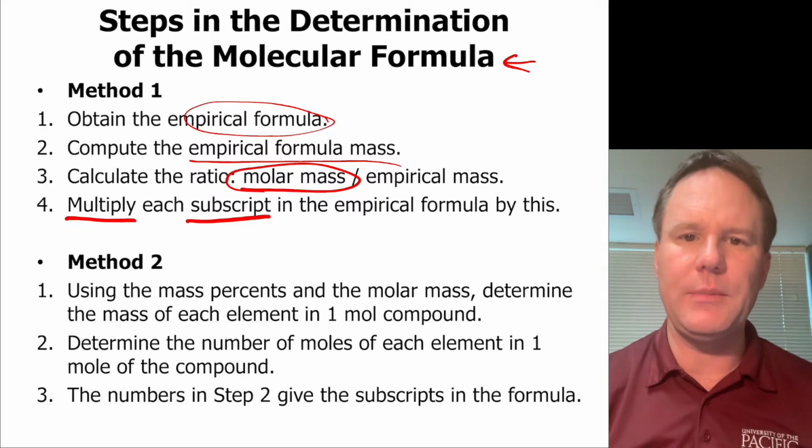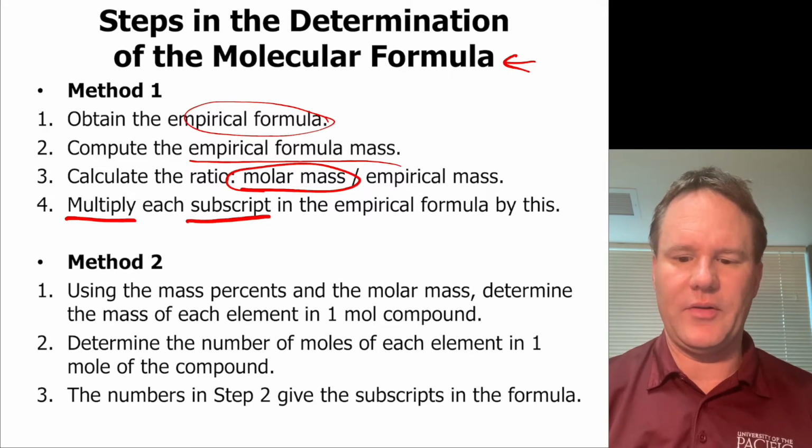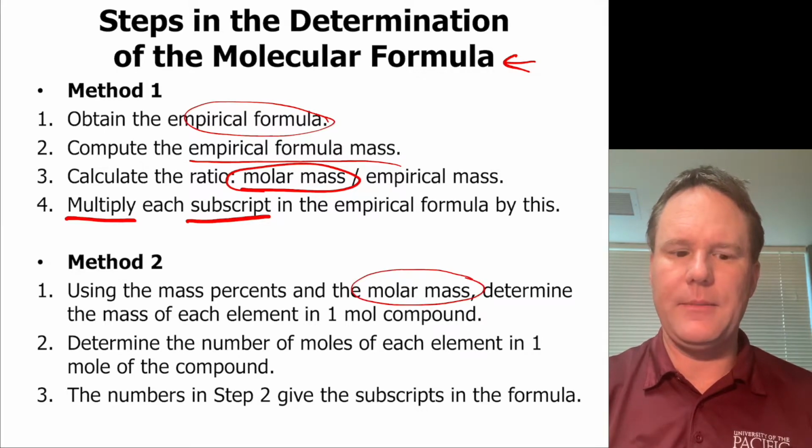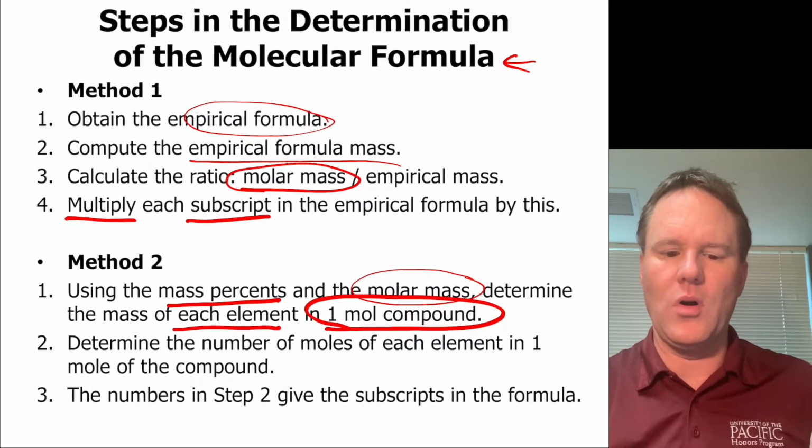The other method would be, and that's actually quicker, but then you don't get the empirical formula. Instead of using 100 grams, you take the molar mass and determine the mass with the mass percentages of each of the elements in 1 mole of the compound.